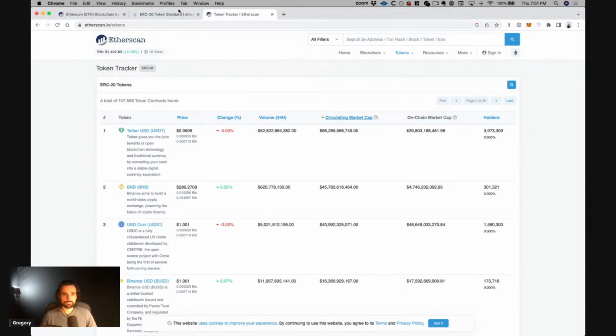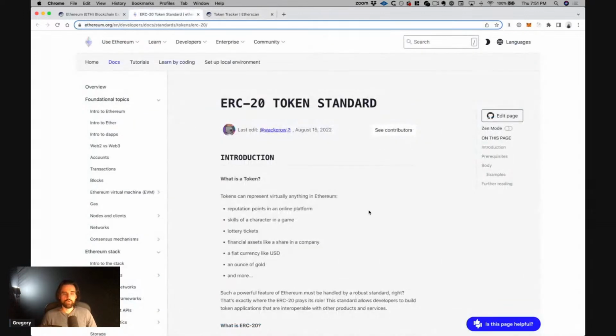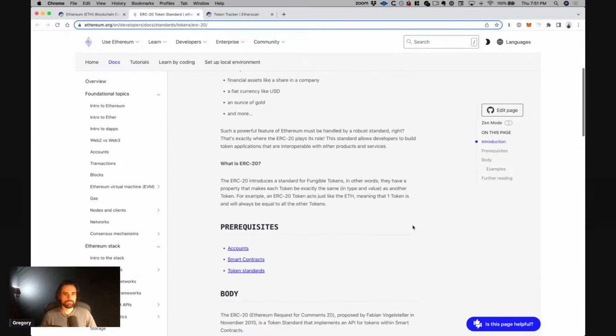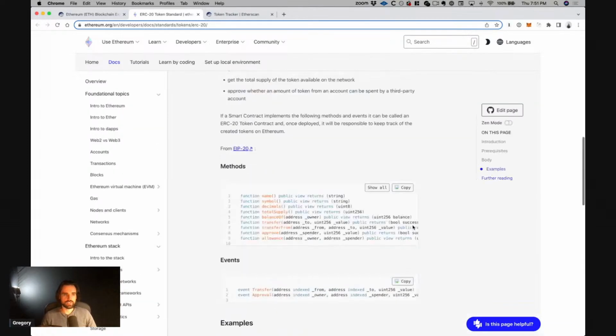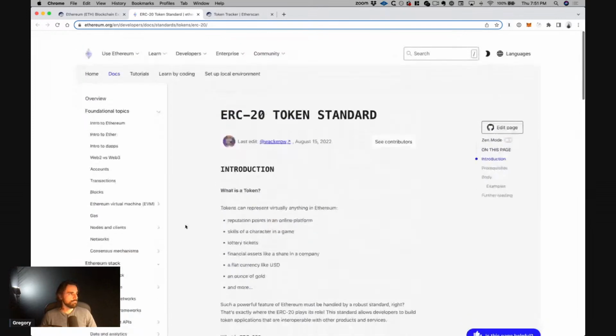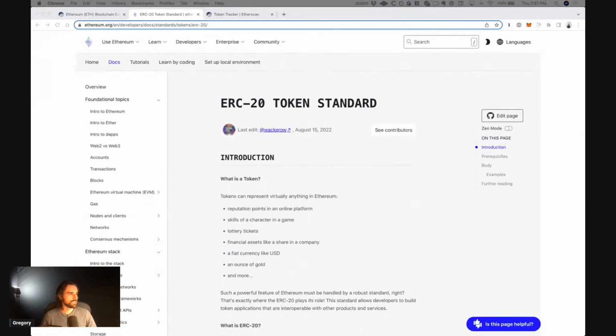Now, what is ERC20? Basically, it's just a standard that describes how these tokens work, so they're compatible with things like cryptocurrency exchanges, blockchain wallets, et cetera. We'll see the ERC20 standard in motion tonight as we boot this up and start running this bot.